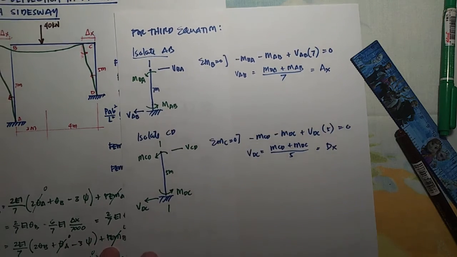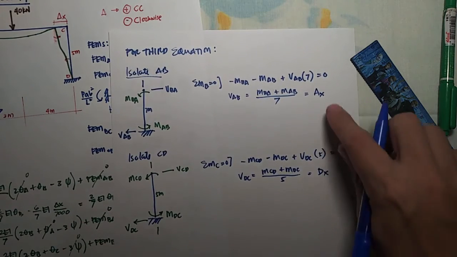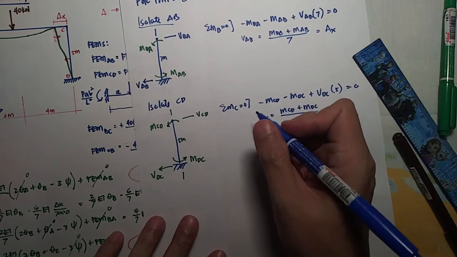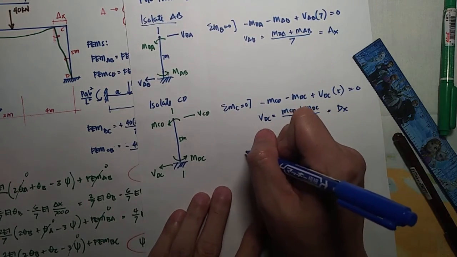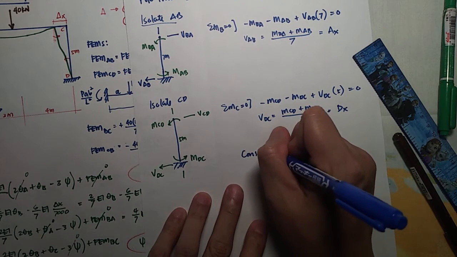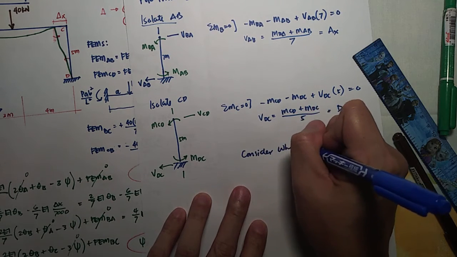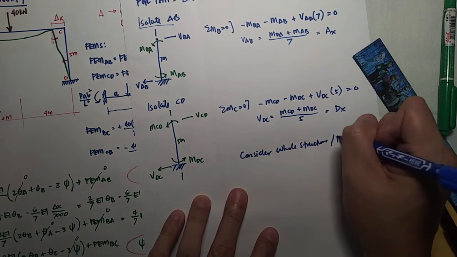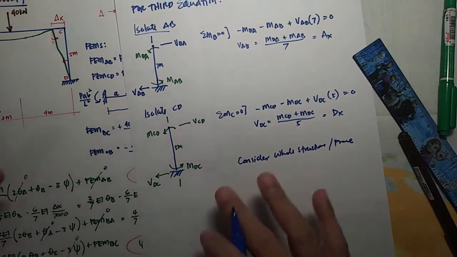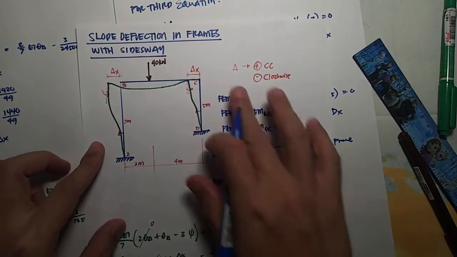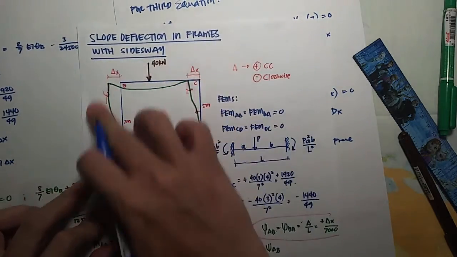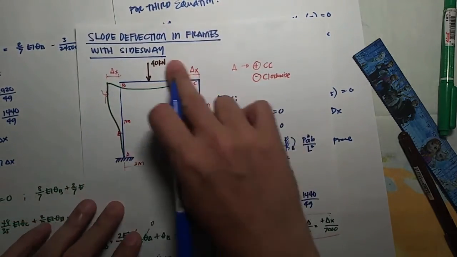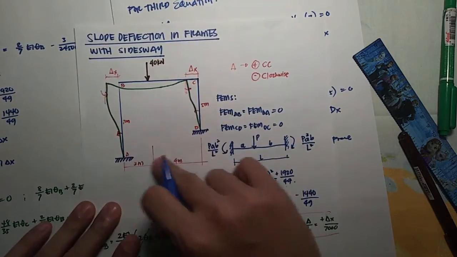Okay, now, what is the relationship of DX and AX? So, hindi ba, considering the whole structure or the whole frame, there's no horizontal load applied at this frame.